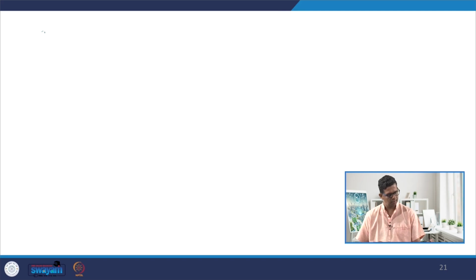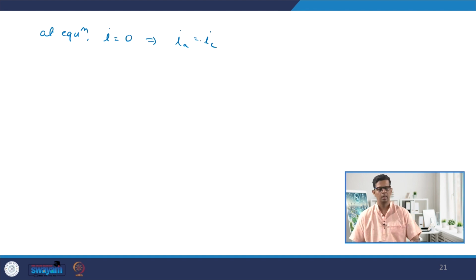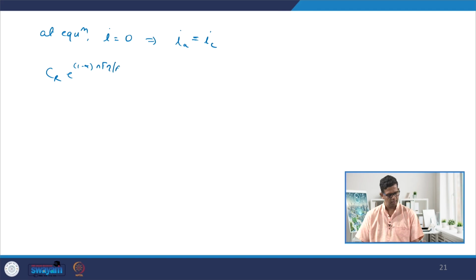So at equilibrium again, the total current is 0, that implies the anodic current and the cathodic current are the same. So let me write this equation one more time. So I can say that it is C_R e^((1-α)nFη/RT) is equal to C_O e^(-αnFη/RT).